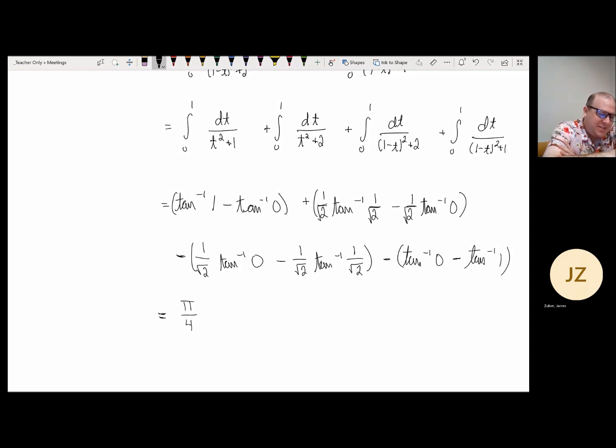What is the inverse tangent of 1 over root 2?